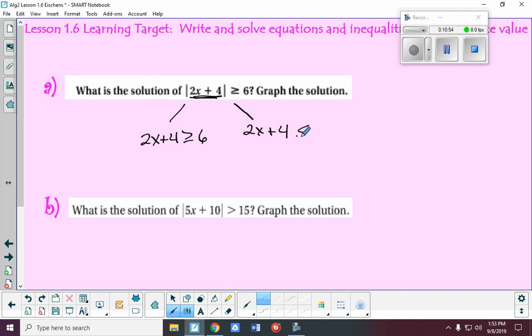It's less than or equal to negative 6. So when you write an absolute value inequality, the strategy is to write the first one just the way you see it here, without the absolute value signs. And the second time through, switch the arrow and switch the sign. So change the arrow, change the sign. And then you can solve those.